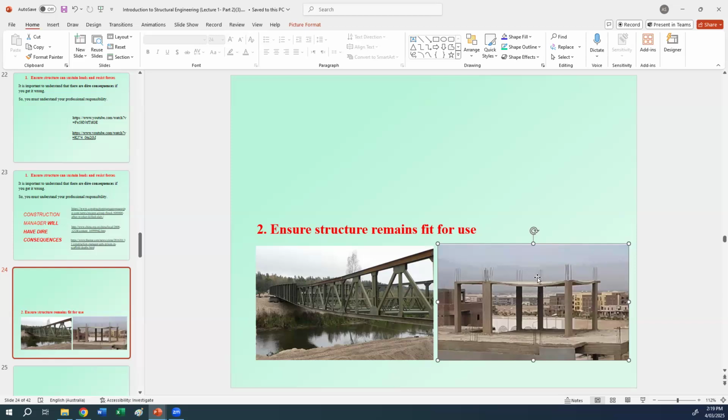And if you live on top of this slab, which already has noticeable sagging, you will not be able to use the roof appropriately. So this is another criterion to be considered in our design. The structure needs to remain fit for use.